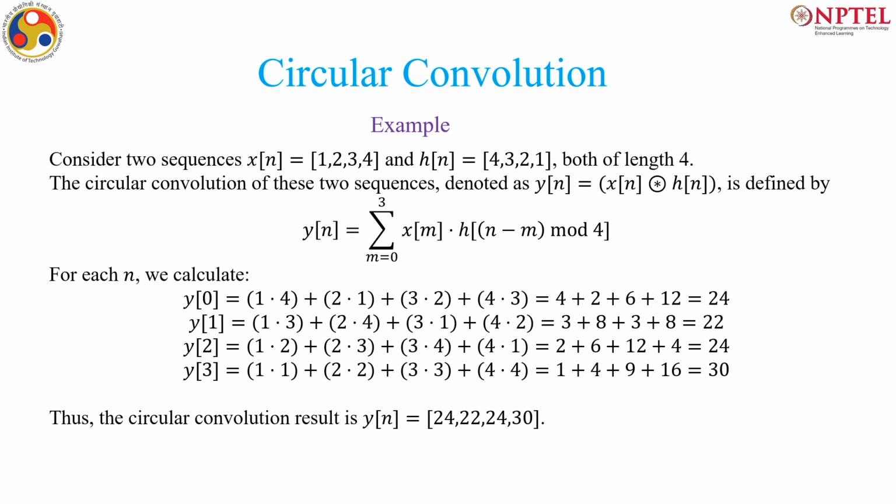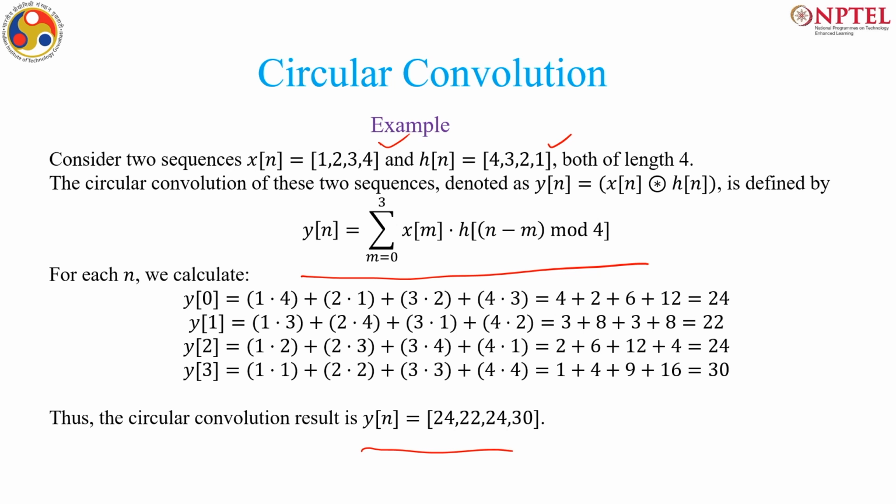Let us take an example to make this clear. We have 2 sequences, both of length 4. This is very important, that both have to be of the same length. This is the definition which I said, and now using the formula you can easily calculate. I will not waste time on this, and you can verify this is the result.